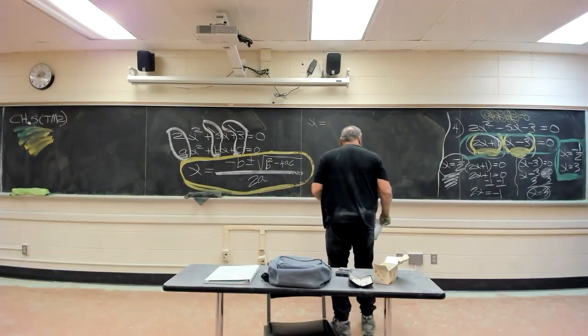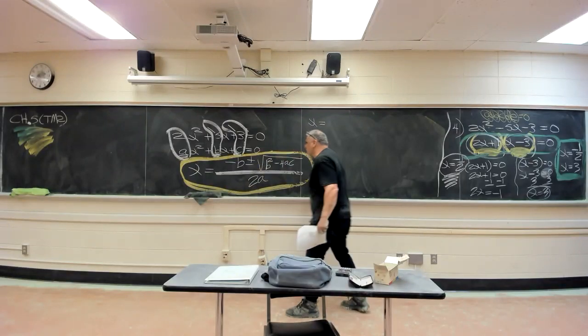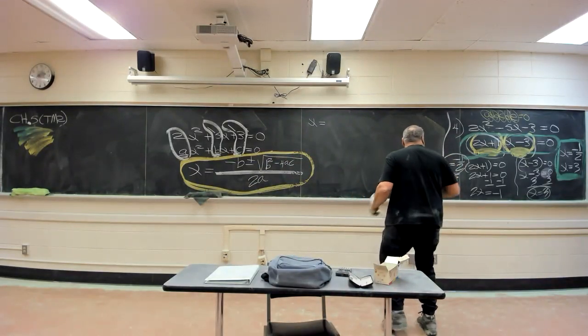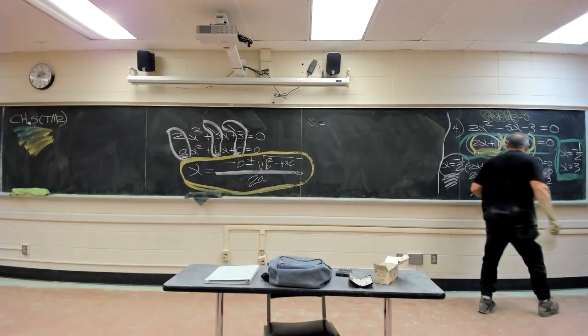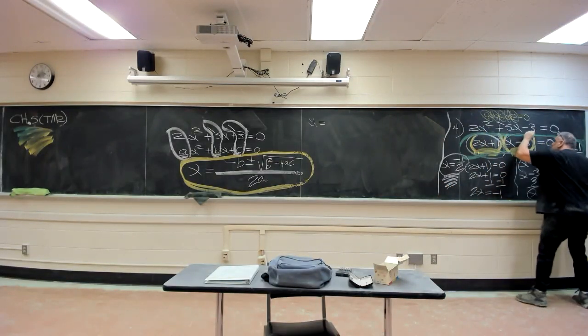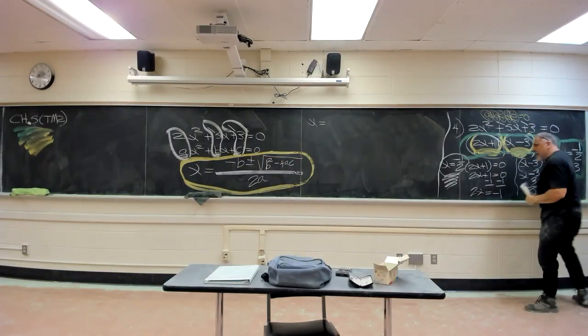You've got to make it look like everything's being added to be able to apply this formula. If you leave it like that, you're going to have problems. You've got to convert this: 2x squared minus 5x is plus a negative 5x, minus 3 is plus a negative 3. Okay, that'll work.